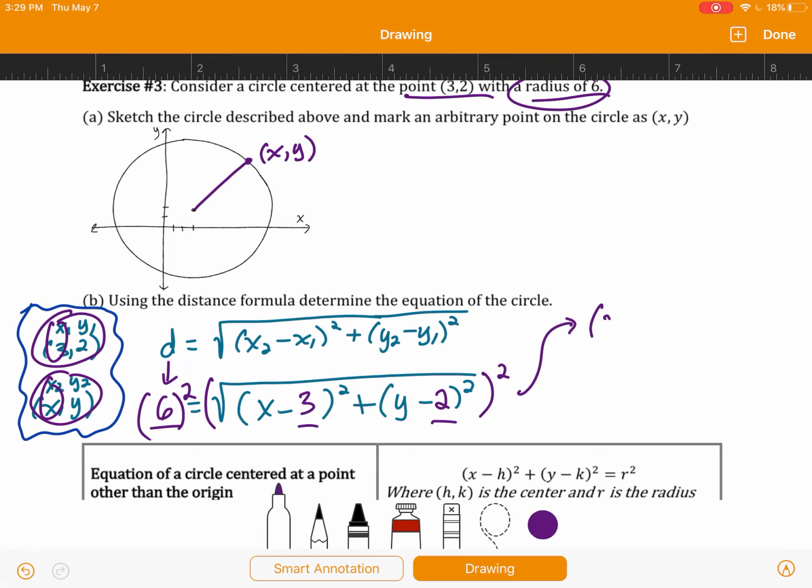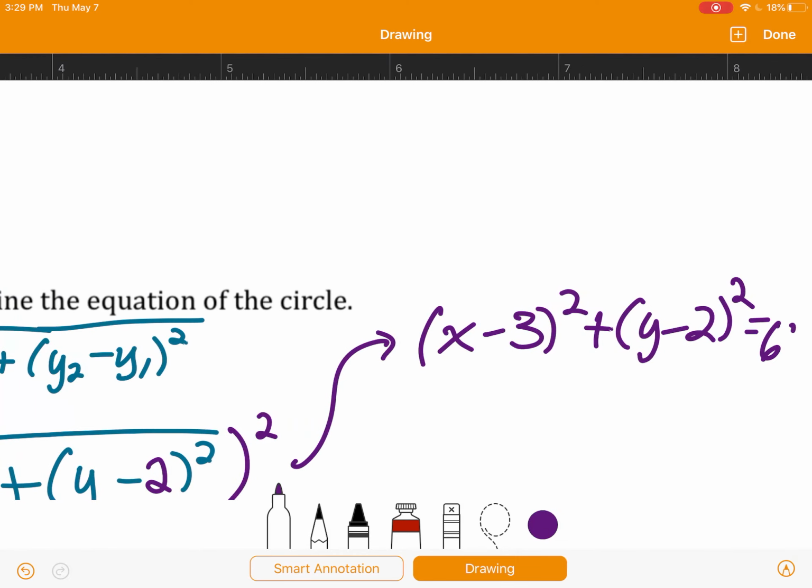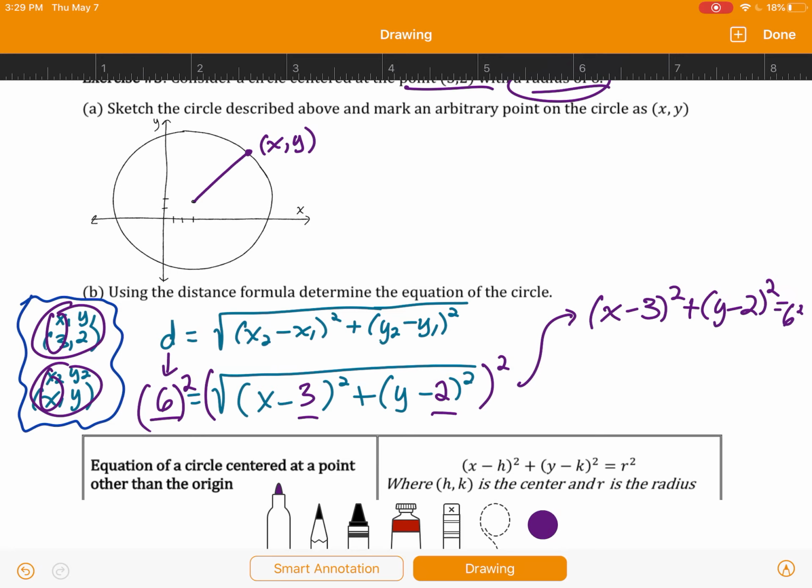I'm just going to switch the left and right side, so it'll look like this. And that will equal 6 squared. Or you could write 36 there, but I'm going to leave it as 6 squared because that'll show us what the radius is. It shows us that it's 6.